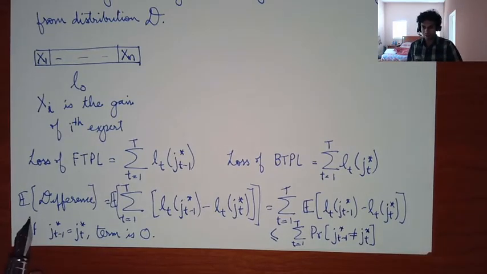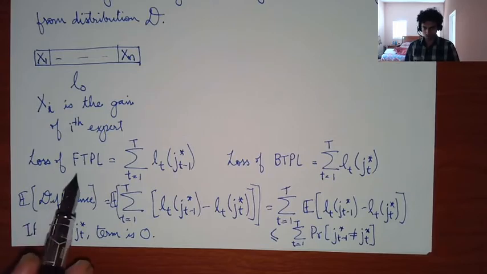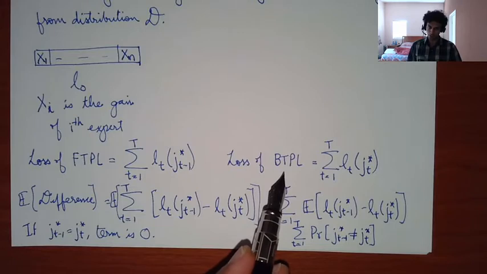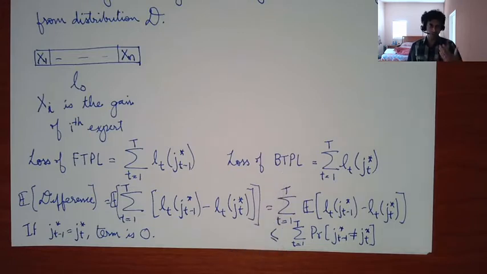The expected difference of Follow-The-Perturbed-Leader versus Be-The-Perturbed-Leader is really saying that if you look at just vanilla Follow-The-Perturbed-Leader, how many times is it going to switch its choice? Essentially the number of times there is a switch is an upper bound on the difference. And we want to show that Follow-The-Perturbed-Leader is not going to switch its choices too many times.